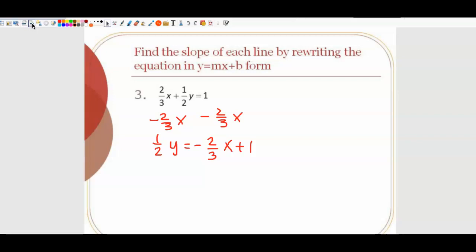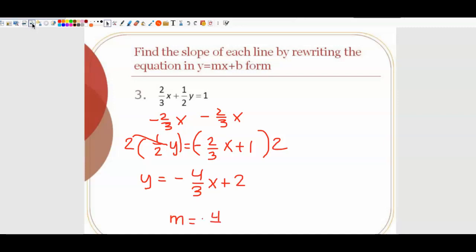You multiply by your reciprocal. And that means you have to multiply everything on the right side by 2. So we get y equals negative 4/3 x plus 2. And my slope is negative 4/3.